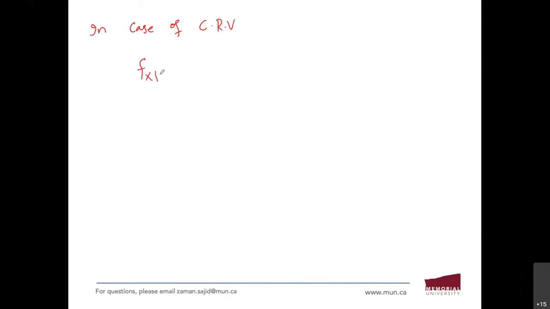Again, it should be the lowercase, given that f of x is equal to your joint probability distribution f of x, y, divided by the marginal probability.